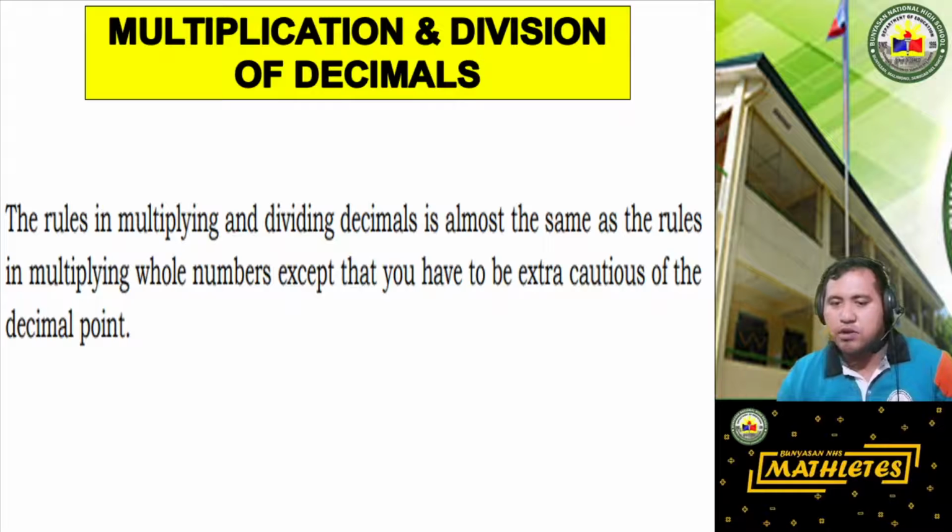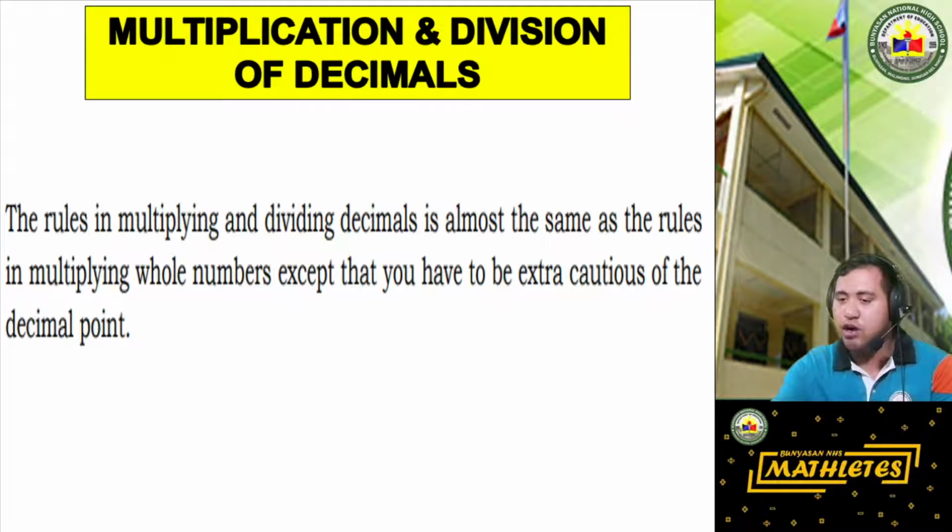Okay. Let's proceed to multiplication and division of decimals. The rules in multiplying and dividing decimals are almost the same as the rules for whole numbers, except that you have to be extra cautious about the decimal point. The rule you use for multiplying and dividing numbers stays the same, but we have to be careful with the location of the decimal point.